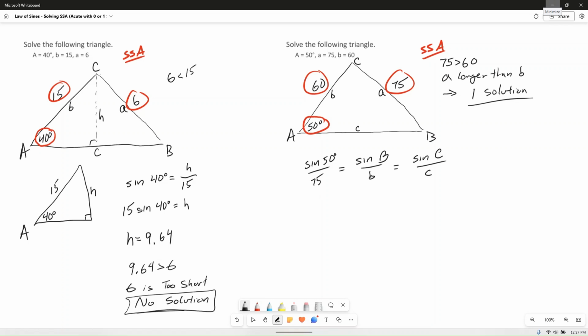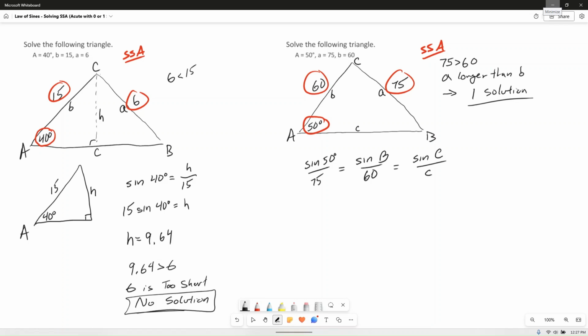So I already have the A fraction, sine of 50 degrees over 75. And then for the B fraction, I know that the length B is 60. So I have one value in the B fraction and one unknown. I know nothing in the C fraction. Okay, so the only thing we can do is find angle B.